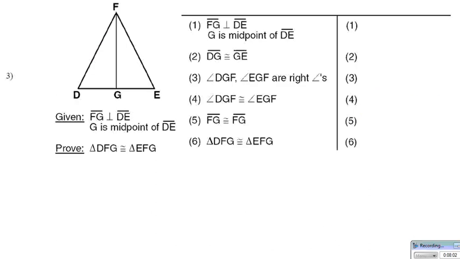All right, number three. Let's get started here. Once again, we have the givens right on the first one. Now, DG is congruent to GE. Why? Because G is the midpoint.